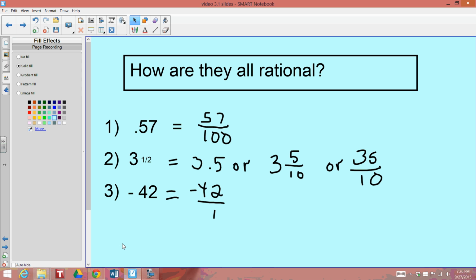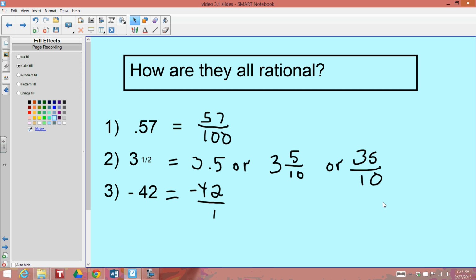Question 2 is 3 1/2, which I can easily change to a decimal 3.5, or 3 5/10, which turns out to be 35 tenths. And 35 tenths is written as a fraction. It's an improper fraction because the numerator is much bigger than the denominator. But we can call this a rational number because the numerator is an integer and the denominator is an integer.